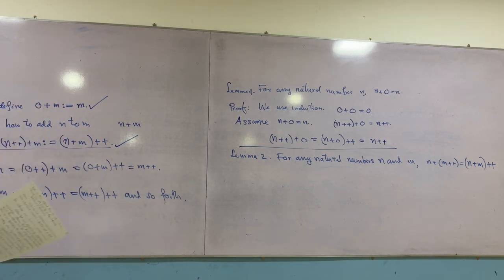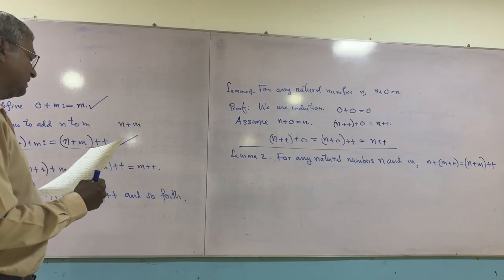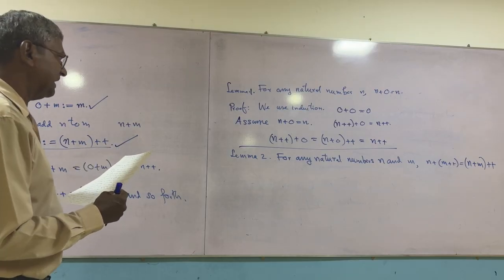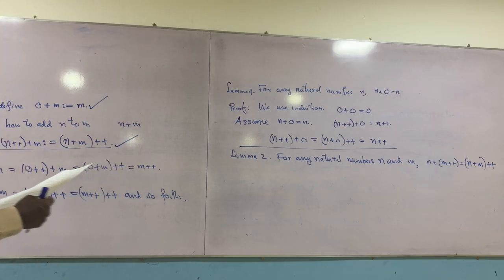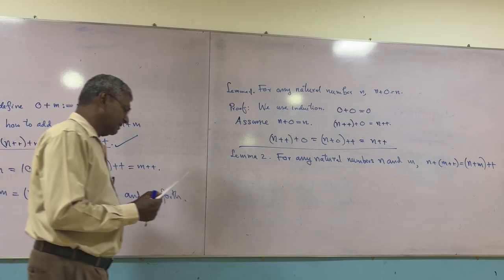We want to prove for any natural numbers n and m, n plus m plus plus is equal to n plus m plus plus. Let's see again.